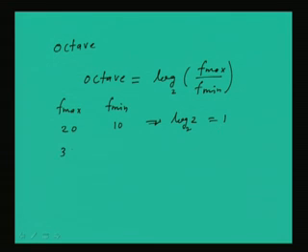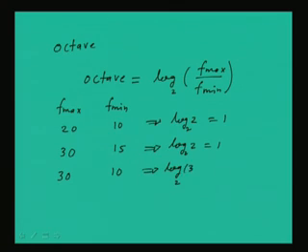If we have 30 and 15, then also it gives the same octave number 1. Or if we have 30 and 10, then we will have a different value. This ratio will be now 3.